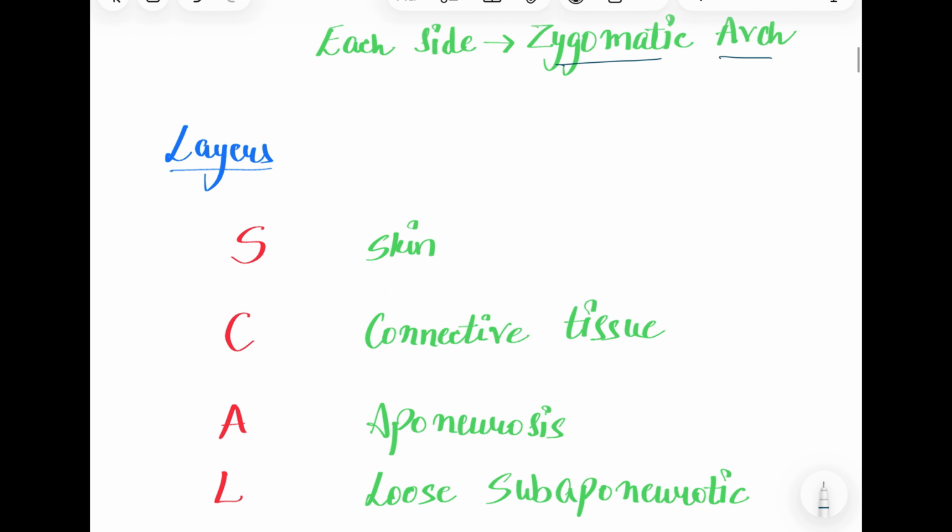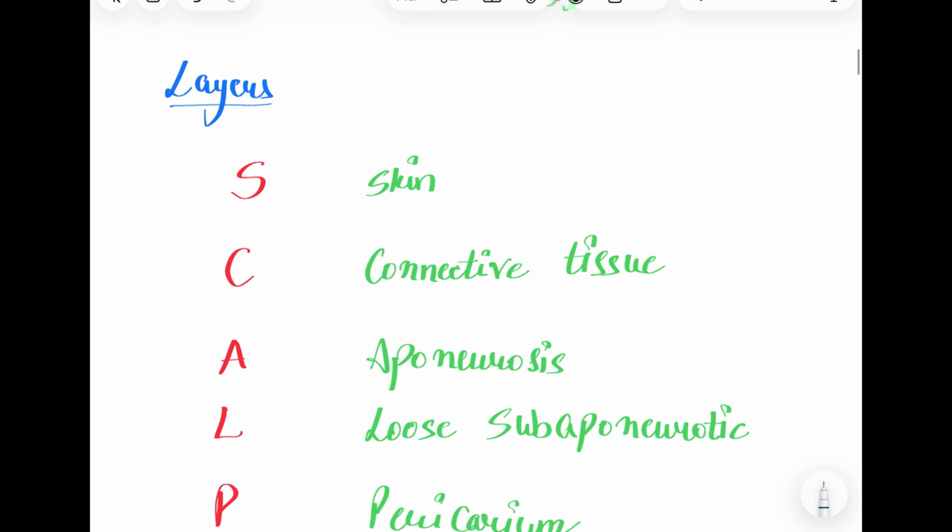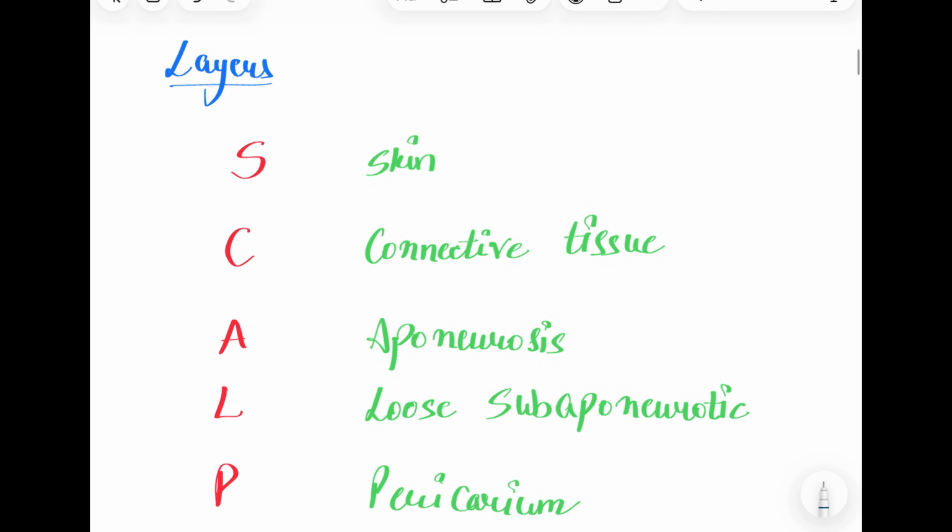Now we will be taking the layers. So for the layers, a very beautiful mnemonic is there, that is the letters of your scalp. S, that is skin. C, which is connective tissue. A is the aponeurosis. L is your loose areolar layer, and P is the pericranium.